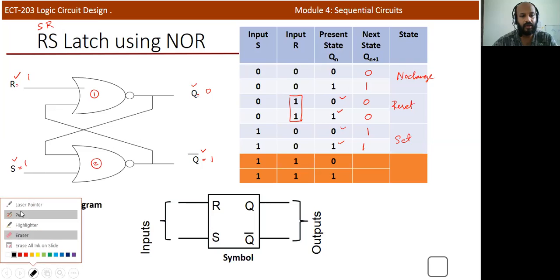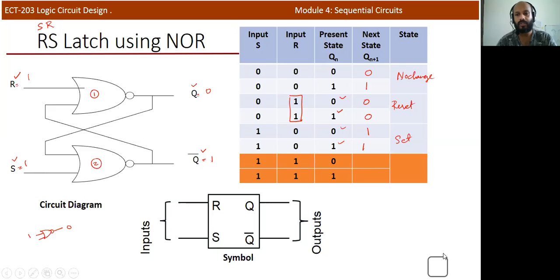If both inputs are 1, for example Q is equal to 0, you can see that it's 1 0. 1 0 means any one of the inputs is 1, so this 1 will change to 0, and 0 will propagate to the first input. And if any one of the inputs is 1, the output is 0. Here you can see that both Q and Q bar are equal to 0.